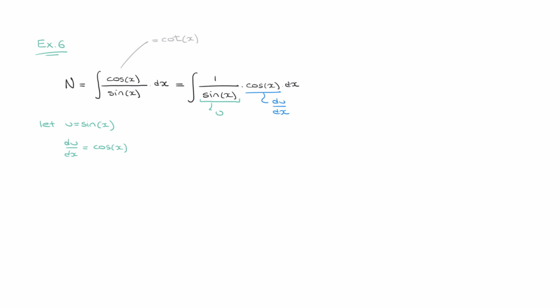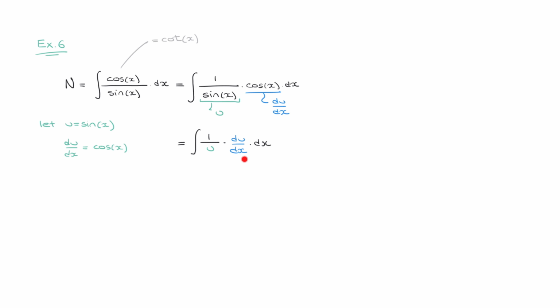And now that we've done that, we can immediately see that we can rewrite our integral in terms of the new variable u. Indeed, this composite function would just be 1 over u. The cosine of x we have here will be du dx, whose dx will cancel out with the dx we have at the end of our integral here. So let's write that out. This becomes the integral of 1 over u, so that's 1 over u, times du dx times dx.